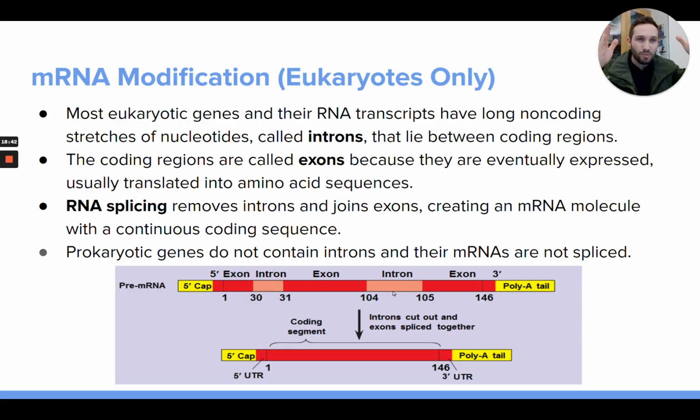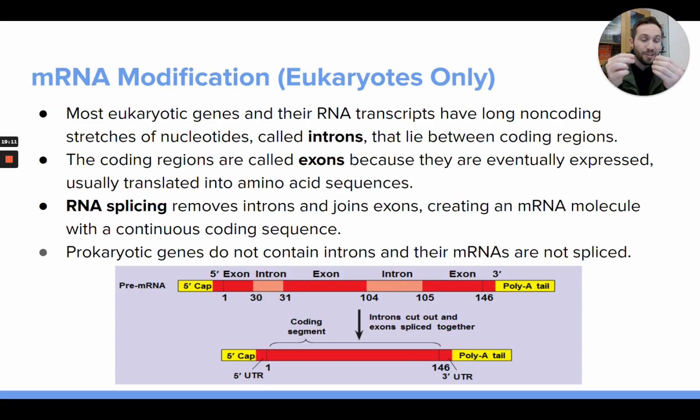Introns are these random disruptions within your gene that aren't part of the instructions to make something. So if I was looking at a gene in your DNA, it would have the instructions to make a certain protein, but within that sequence, there are going to be these fragments, these sequences of DNA that technically are just random nonsense.